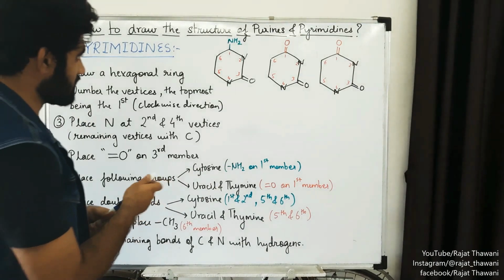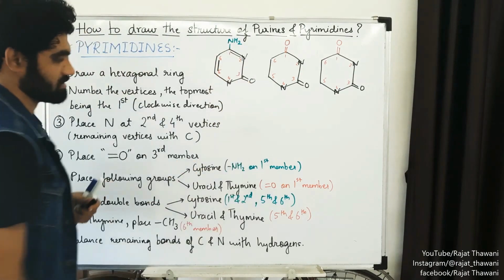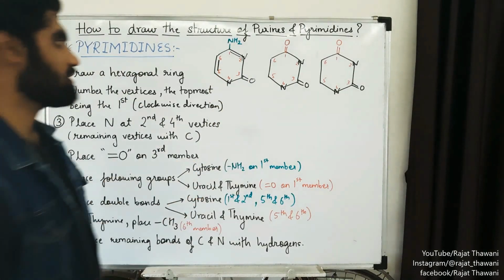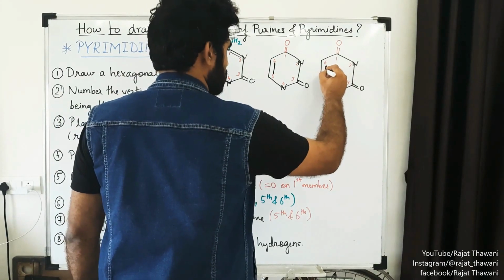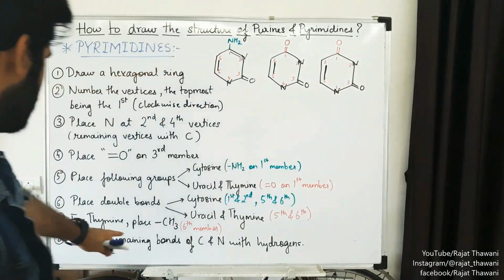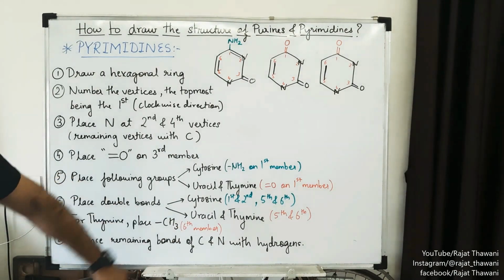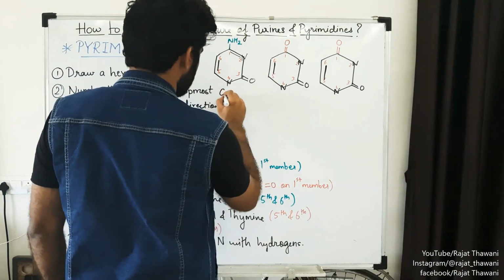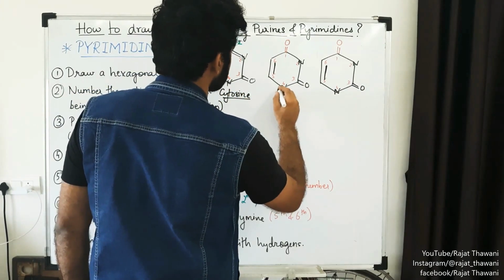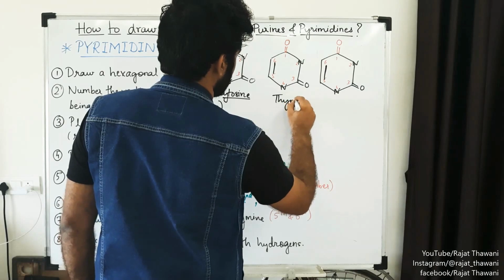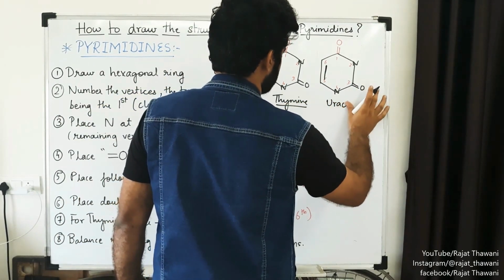For thymine and uracil, between fifth and sixth only. Next, for thymine place CH3 on sixth member. So I will consider this as cytosine, this as thymine, and this as uracil.